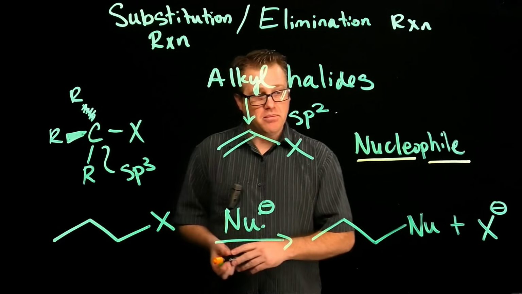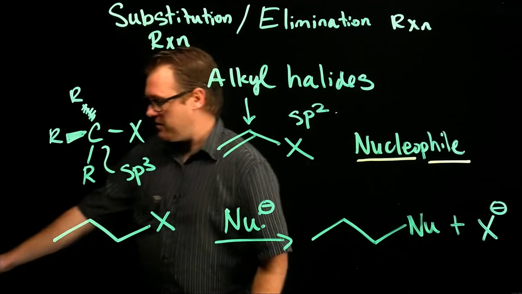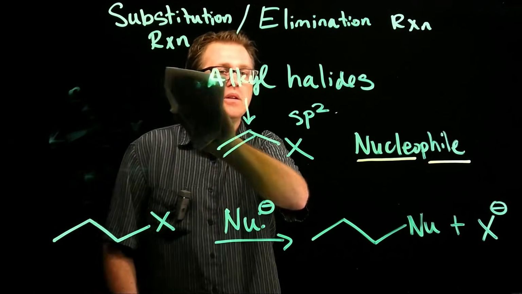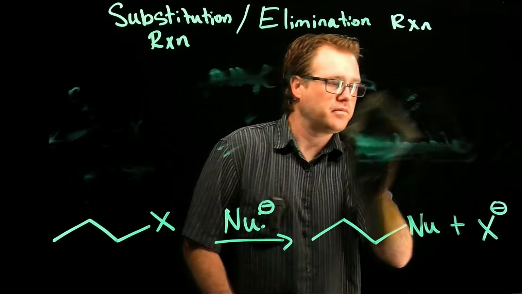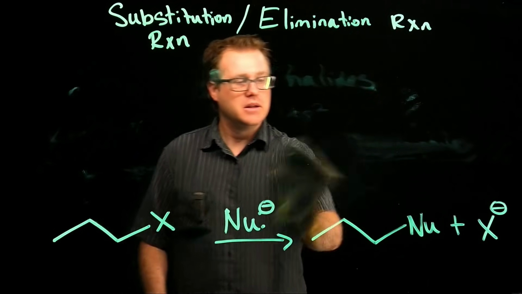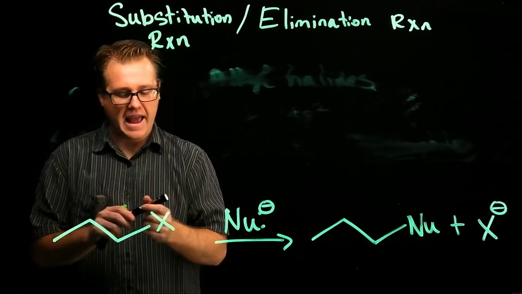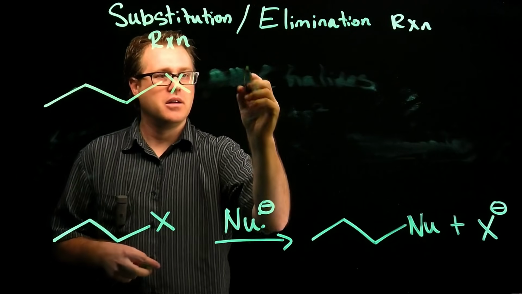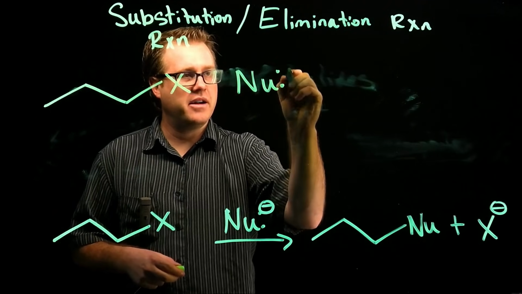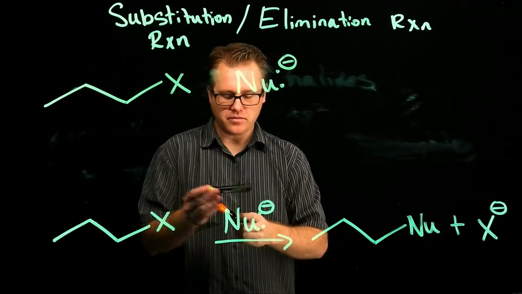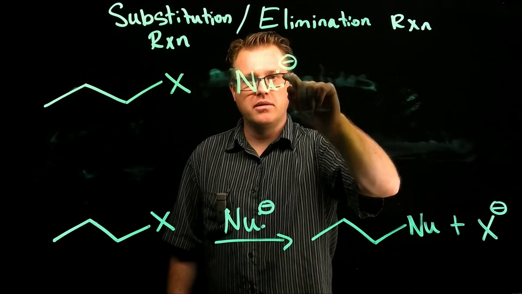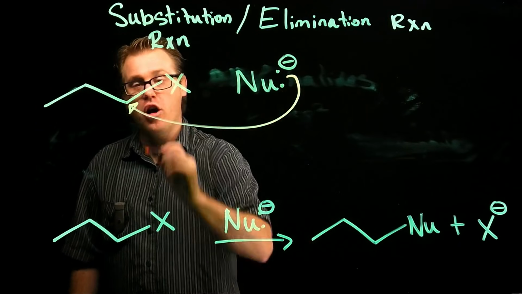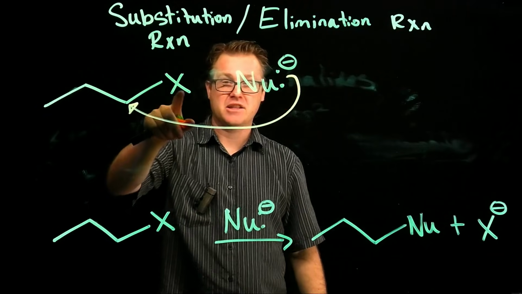So what is going to happen here mechanistically, let's clear off some space here. In a nucleophile, the mechanism looks like this. So we're going to take the nucleophile, and we're going to take the lone pair. And that lone pair is going to come and attack the carbon that is directly attached to the halogen.